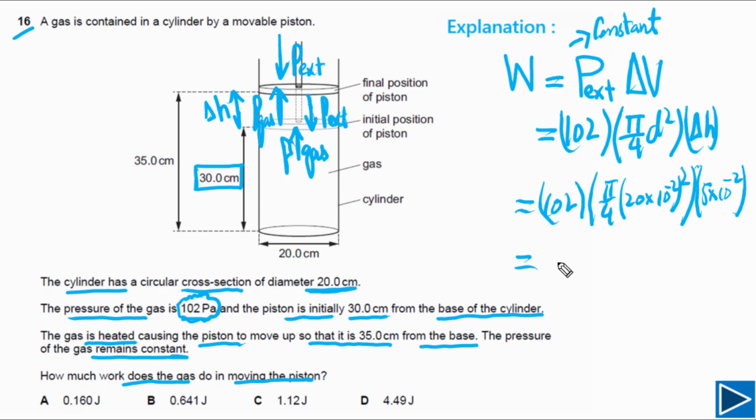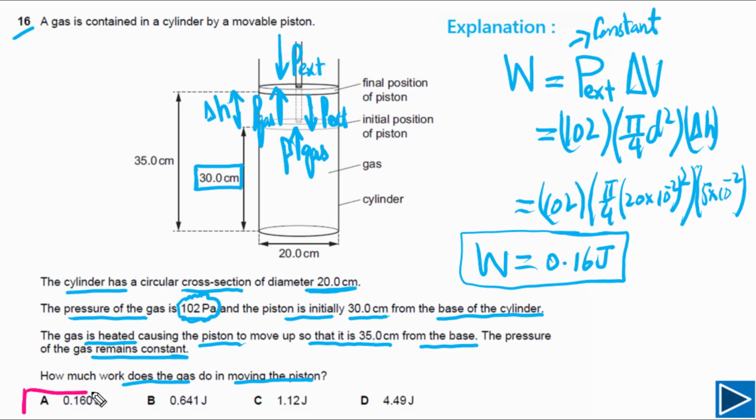Now if we solve this, our final answer will be 0.16 joules. So this is the work done by gas in moving the piston. In this case, work done by gas is positive. Option A is correct, and this is the best possible answer for this question.